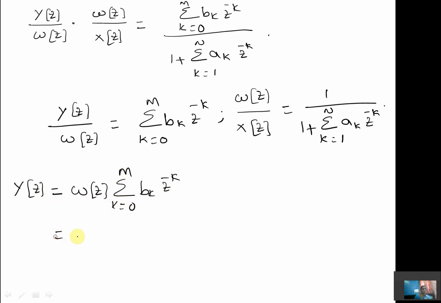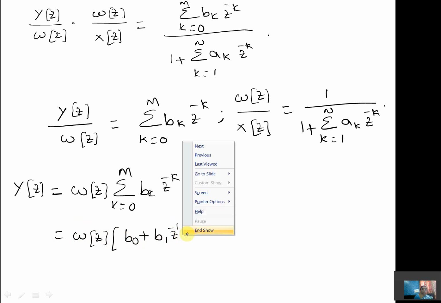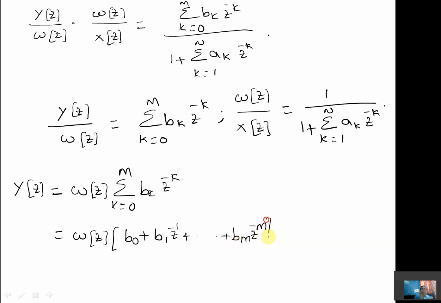Now expand: w of z into b0 plus b1 z inverse plus and so on bm z power minus m.